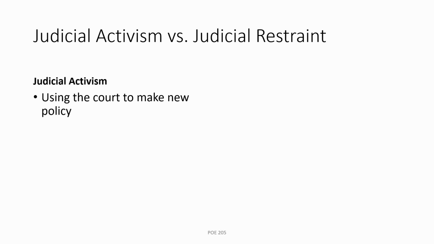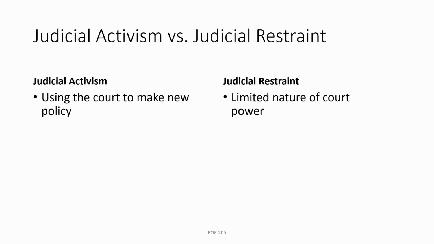So judicial activism is this idea of using the court to make policy, that judicial rulings are really using the courts to make specific policies, to make decisions rather than using existing law. So the idea is that judicial rulings are being based on personal or political considerations rather than the existing law and interpreting that existing law. So the courts are making policy themselves.